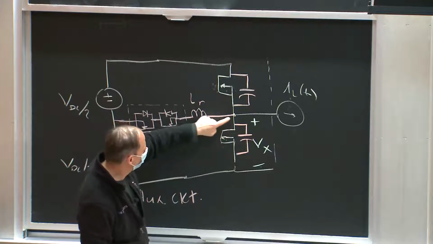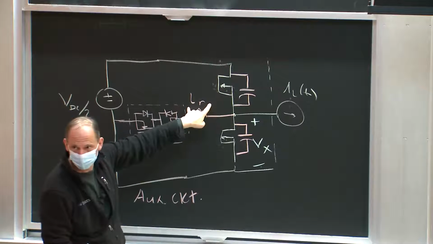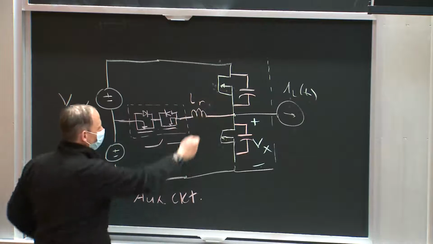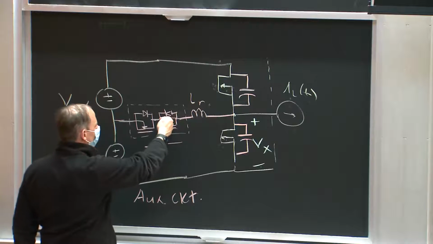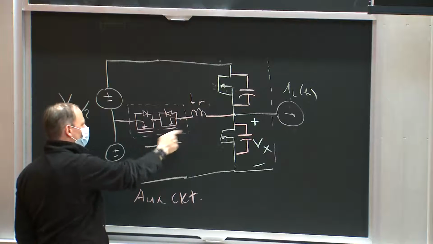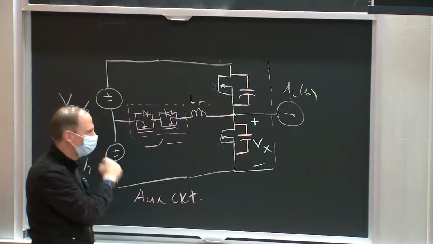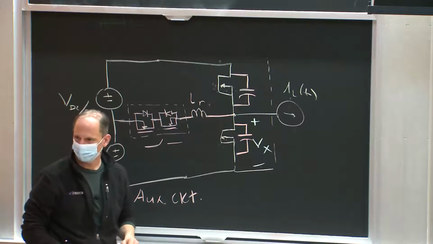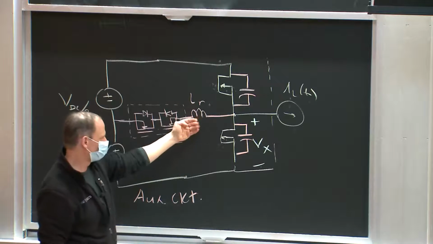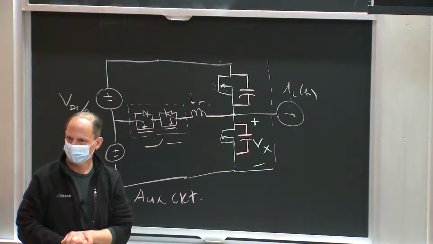And eventually this node's going to ring from the bottom to the top, and then LR has a negative voltage across it. And so LR will reduce down to 0, and when it hits 0, this switch just naturally turns off because this diode will block. So what you can do is, by how you control this switch, this current will just resonate back to 0 and stay at 0. Does that make sense?